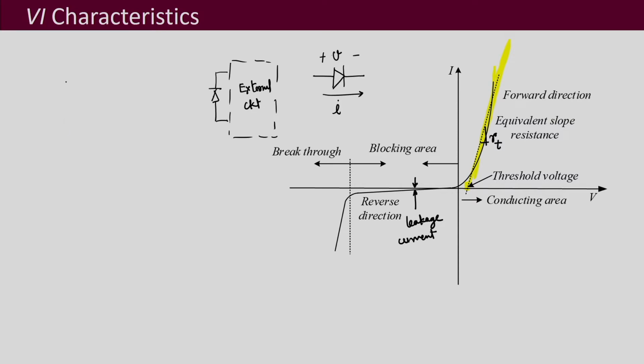The important things that you get to know from the VI characteristics are, first, the blocking voltage, then the forward slope resistance RT, and the threshold voltage.